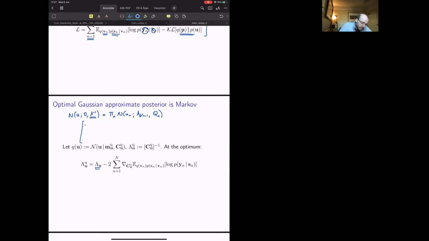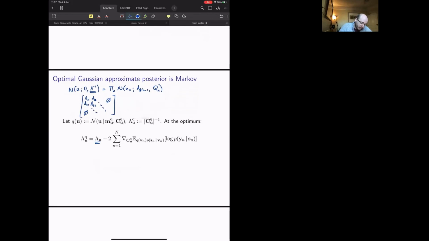It's going to be something like 1,1, 1,2, 2,1, 2,2, and you get this structure going down here, and then it's 0 everywhere else. So you can draw this analogy between the Markov property and block tridiagonal precision. To know that the optimal approximate posterior is Markov, you basically just have to know that the best choice for the approximate posterior precision is block tridiagonal.